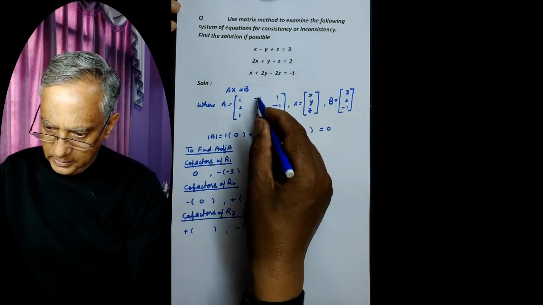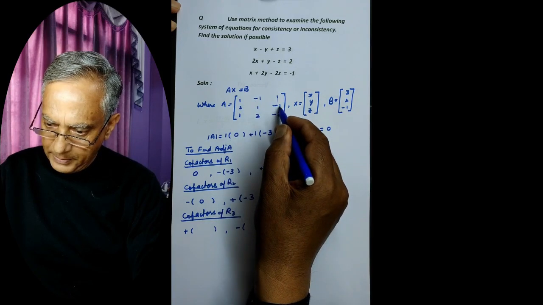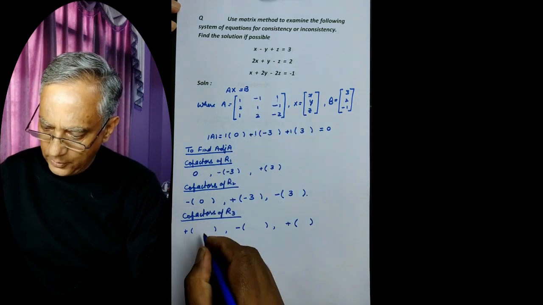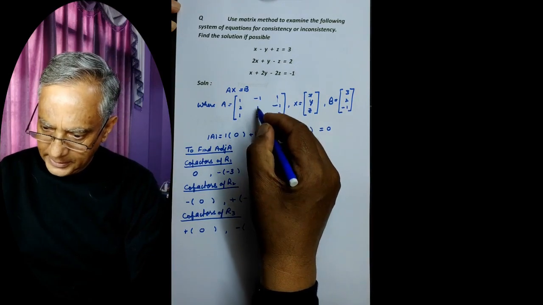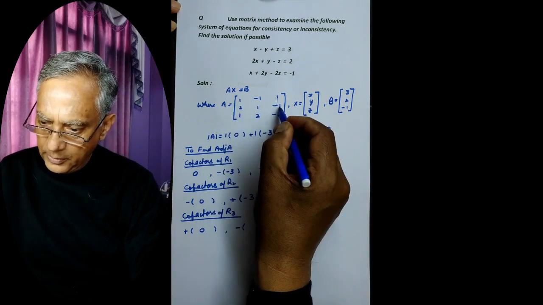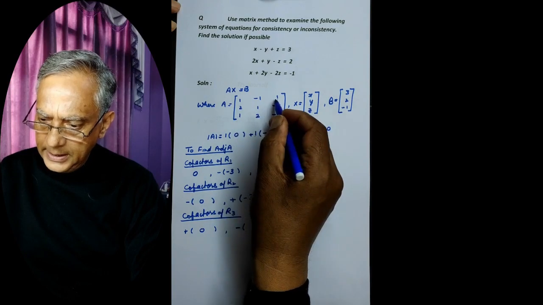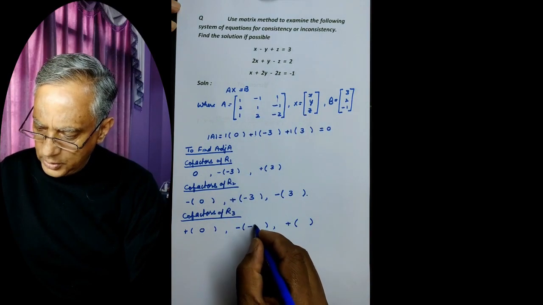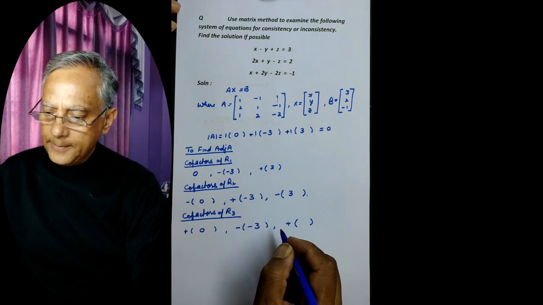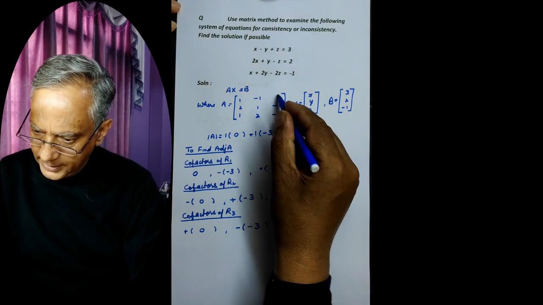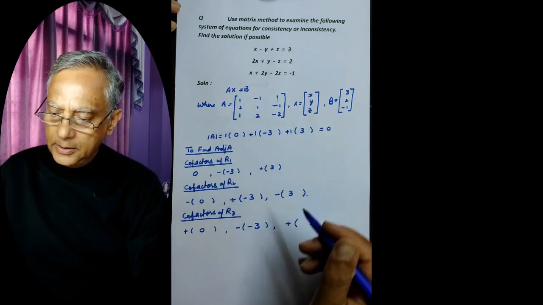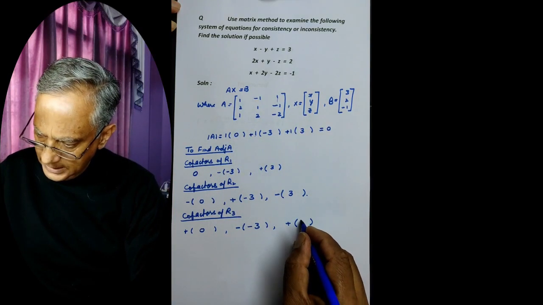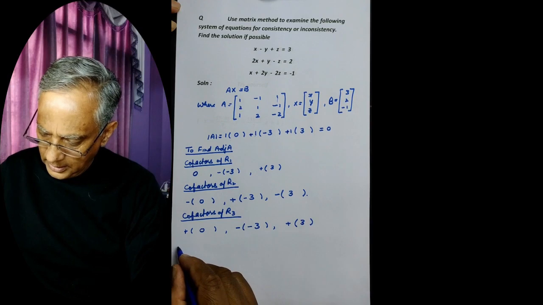Delete the row and column. This will be minus minus plus 1 minus 1. 1 minus 1 is 0. Next entry is this. Delete the row and column. So this will be minus 1 minus 2, which is minus 3. Now this entry. Delete the row and column. 1 plus 2 is 3.